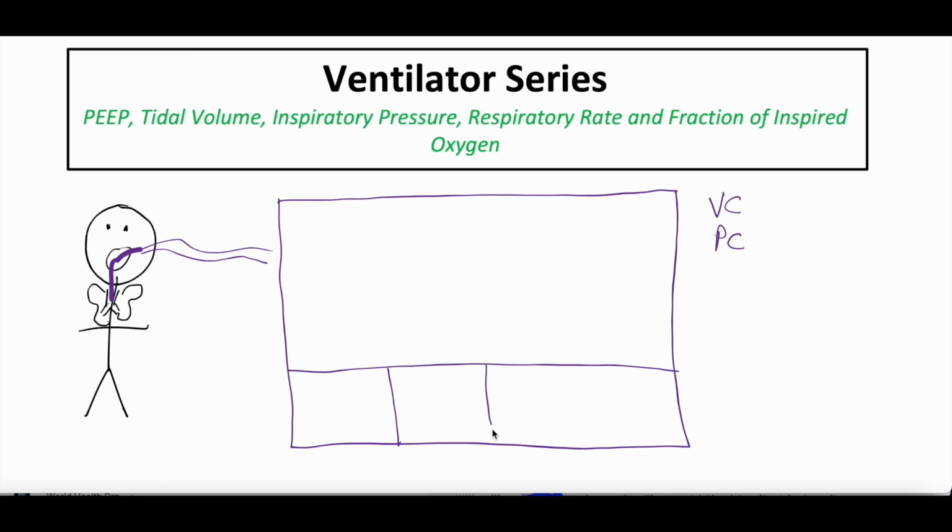And these 4 options are going to be the basis of this video. And those options are going to be the PEEP, the FiO2, the respiratory rate, and then either the tidal volume or the pressure control above the PEEP. And that's what we're going to talk about today, all 4 of these.